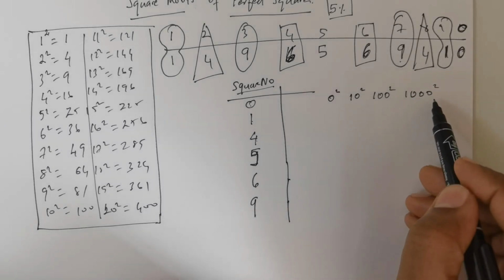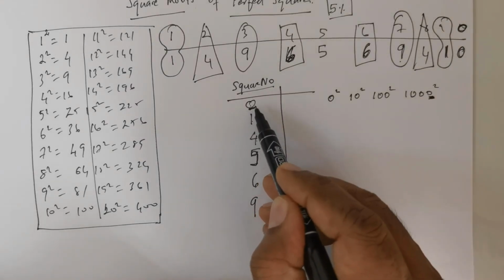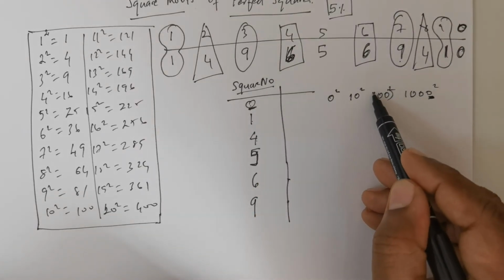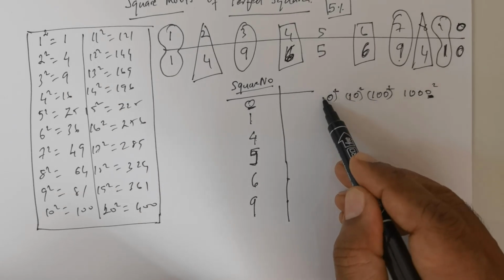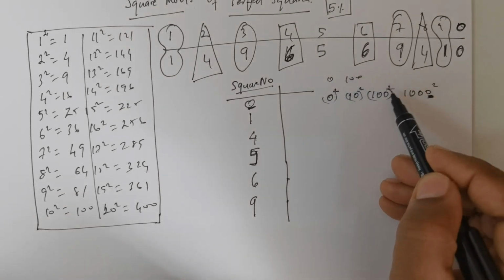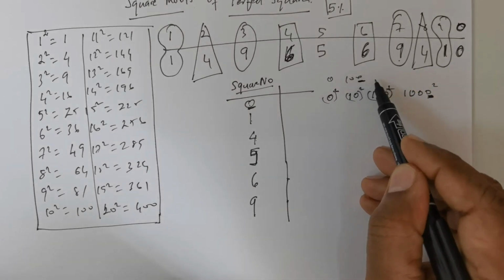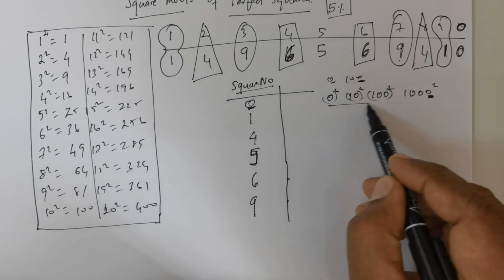All of these squares will produce 0 at the unit place. 0 squared is 0, 10 squared is 100, and so on and so forth. So all of these squares are producing 0 at the unit place. That is what is required for me.